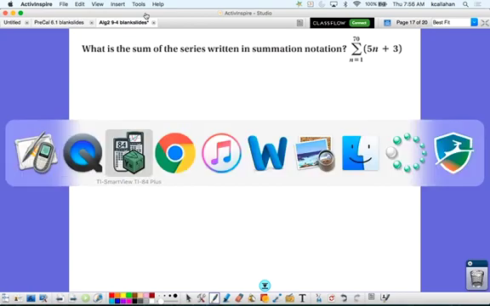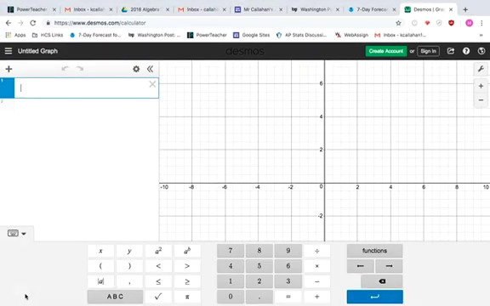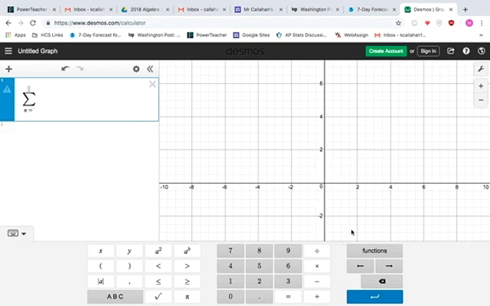All right, so let's go to that. Now the summation notation in Desmos is here. Go down to your keyboard, go to the functions, go to miscellaneous, right there is the sigma. And again, it looks pretty similar, right? So we said we're going to go from 1 to 70. And then in front of that, we put the formula for a_n.